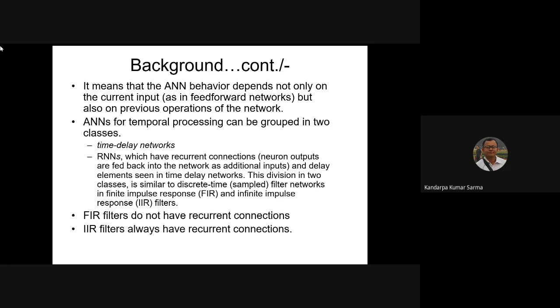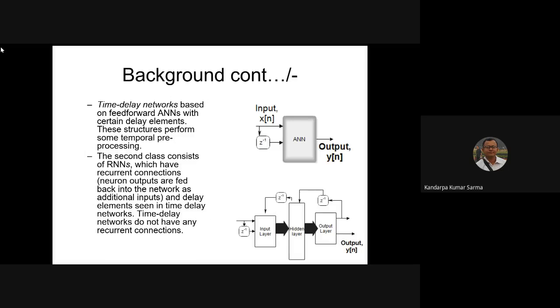We can find that the recurrent structure can be a simple one, can have a distributed recurrent structure, a fully recurrent structure, or a partially recurrent structure. We can also find that FIR and IIR filters are also used to generate the recurrent behaviors.